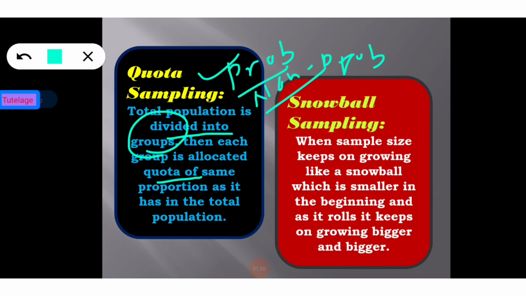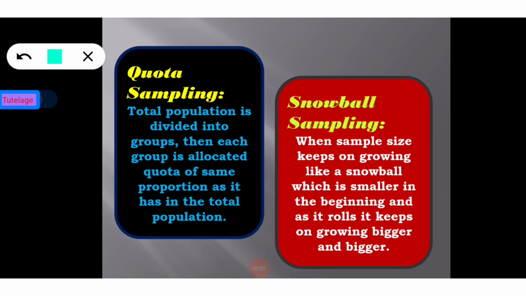Suppose in a population of 500 researchers of a university, 50% belong to science, 40% belong to social science, and only 10% belong to language. So we have to select a sample of 100. Out of 500 researchers, they should be in the same proportion in the sample.